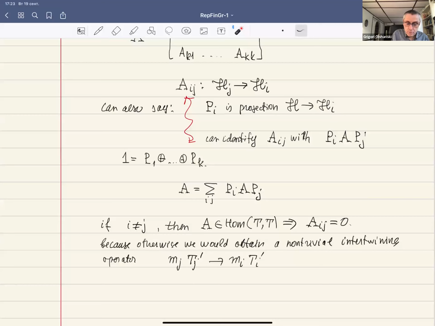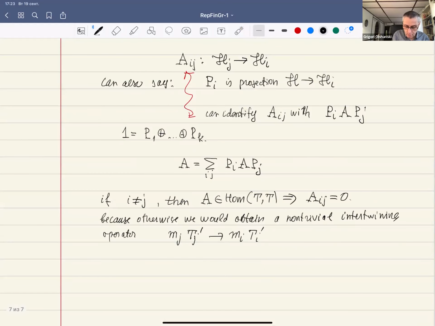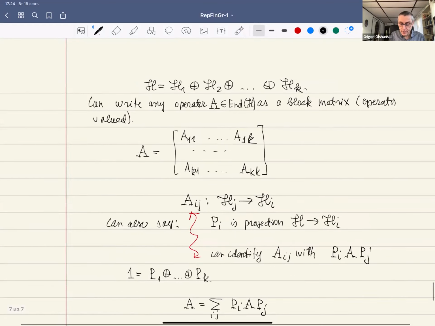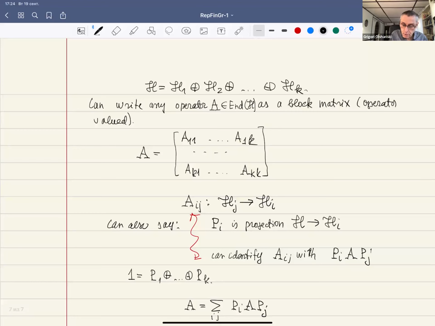So this means that A is block diagonal. So we have proved that any intertwining operator is actually block diagonal.